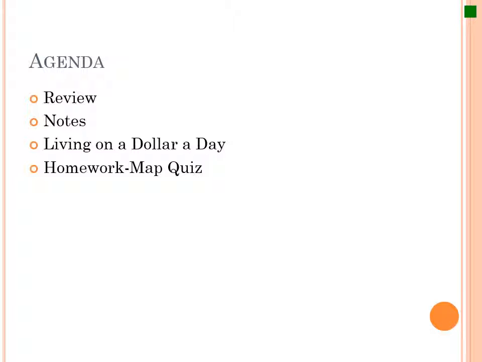So today you're going to review what we covered last class, then you're going to listen to this video lecture, then you're going to watch a movie called Living on $1 a Day, based on a group of college students and documentary filmmakers who go down to Central America and actually try living on $1 a day, living like the local people there, and see how they fare.